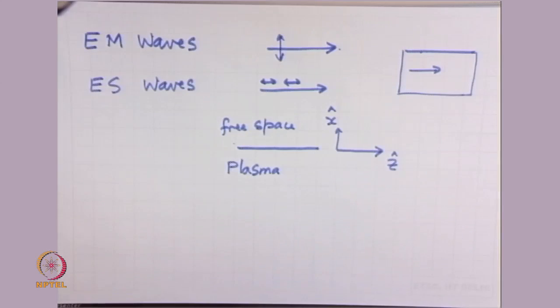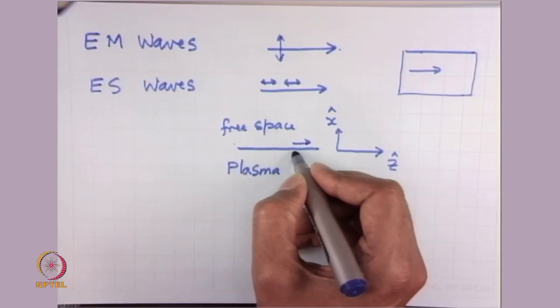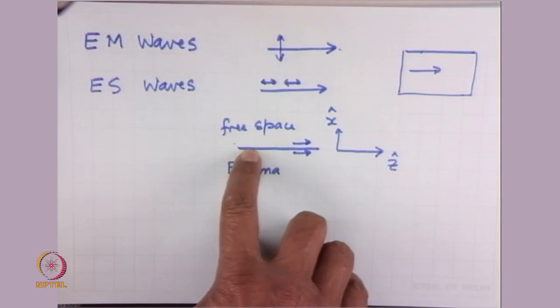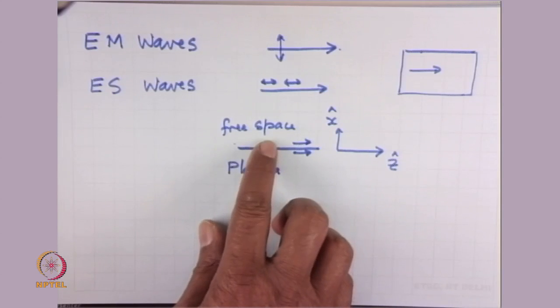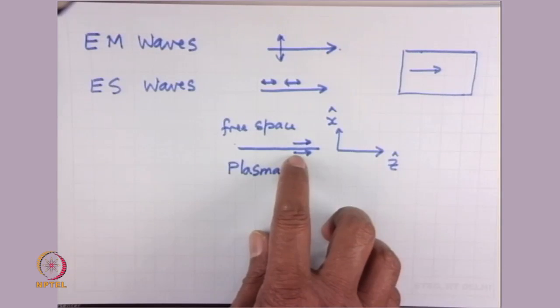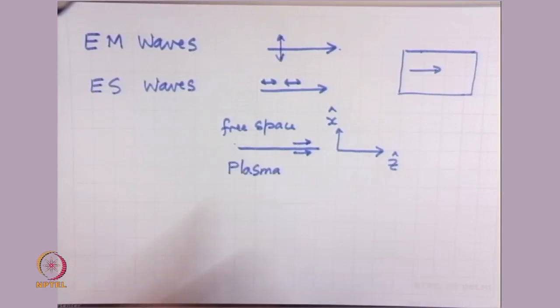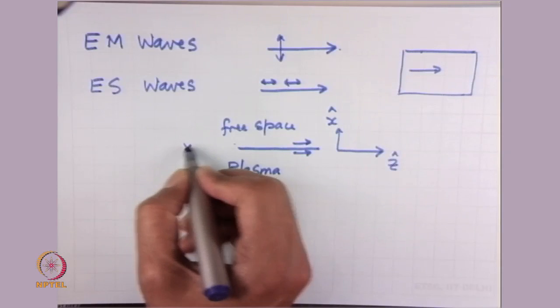Then there is a possibility of a wave propagation along the surface, and this wave is sort of an electromagnetic wave, but it has a little complex structure: the electric field of the wave has a component in the direction of propagation as well as in the normal direction, and the amplitude of both components is maximum on the interface, on the surface separating the two media. Let me call this surface x equal to 0.